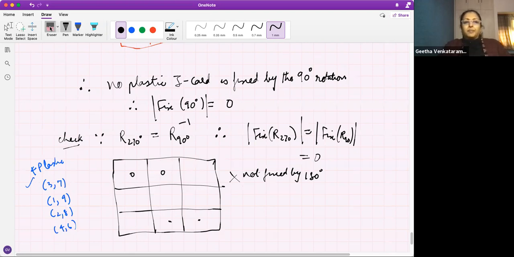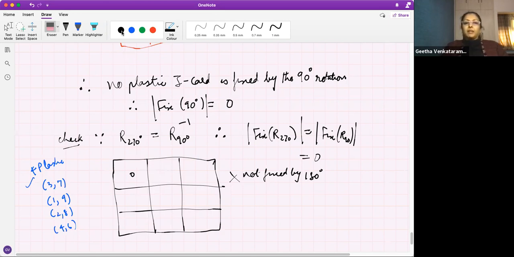We've already seen that you cannot have a hole in the center if you want it to be fixed by a 180-degree rotation. So both the holes have to be in the outer portions.